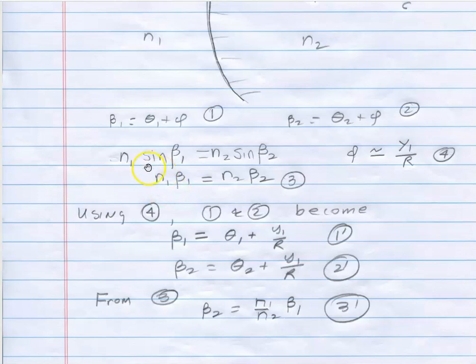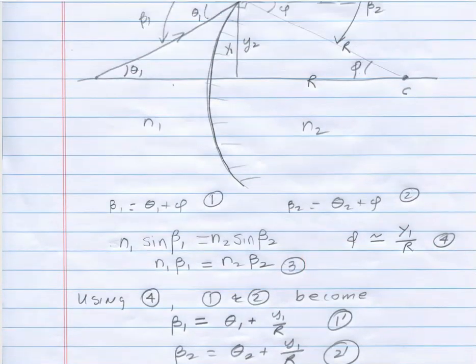And again, we're looking at paraxial rays, and so to a good approximation, the sine of the angle is the same as the angle on both sides. The last one is that approximation that this arc length is approximately equal to theta 1, because again, we're right down here in this very small angle paraxial region.